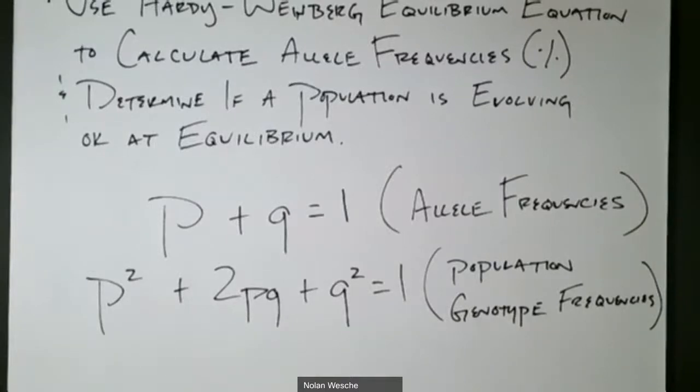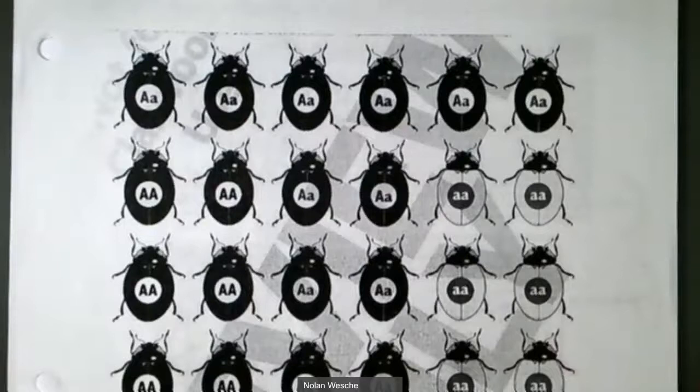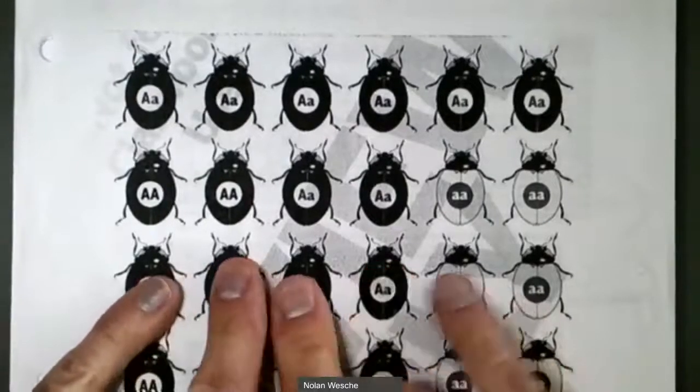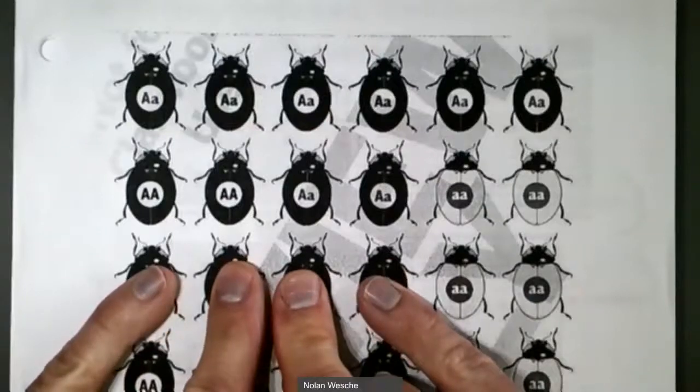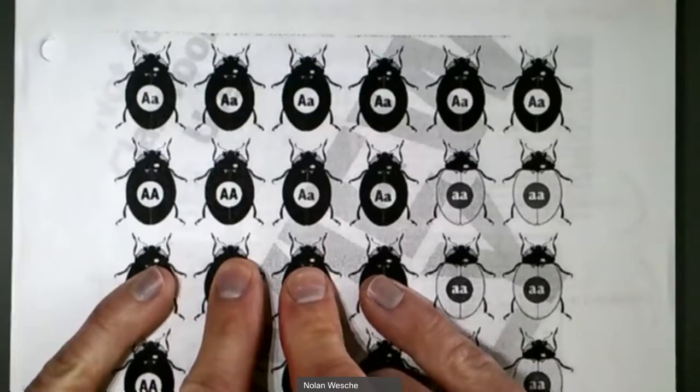So let's use an example. Here I've got some beetles. And these beetles, in reality, you would not be able to see these genotypes. You wouldn't know if this beetle is big A or big A little a. They would all just look dark to you.